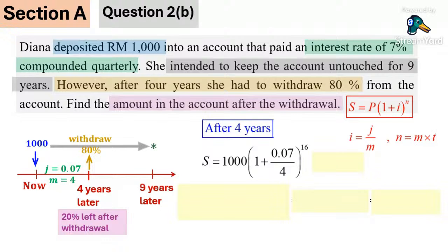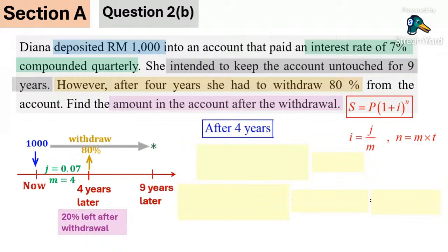How does the 16 come about? It refers to M multiplied by T. One year compounds 4 times, 4 years in total, so 4 times 4, total 16. Here I just directly put 16. If you want to put 4 times 4 for the power, no problem. But here I calculate directly because it's a simple calculation.